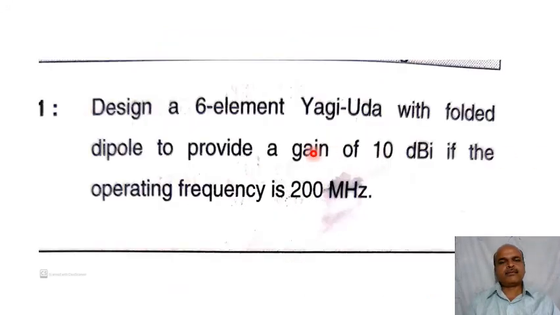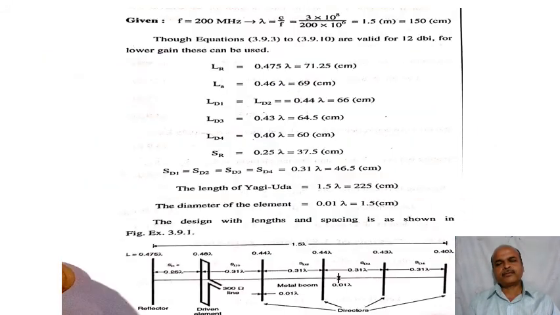Take one problem. Design a 6-element Yagi-Uda with folded dipole to provide a gain of 10 dB if the operating frequency is 200 megahertz. Given the frequency 200 megahertz, we have to find the wavelength. Lambda is equal to c by f, where c is the velocity of light: 3 into 10 raised to 8 upon 200 into 10 raised to 6. We get 1.5 meter, that is 150 centimeter. Through the equations, we can find all these values.